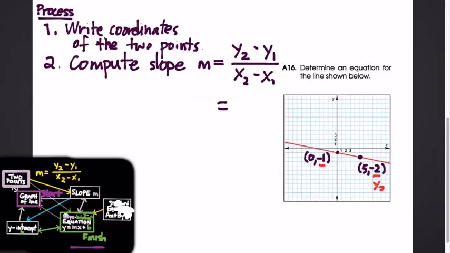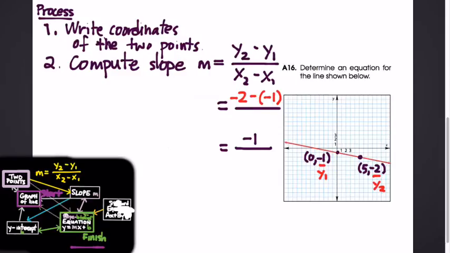If I call this second y value y2 and this first y value y1, then what I'm subtracting is y2 minus y1, -2 minus -1. Again, great place to make a sign error. Let's try and avoid it. What is -2 minus -1? -1, yeah. Because it's the same as -2 plus 1. So -1 is what we get in the numerator up here.